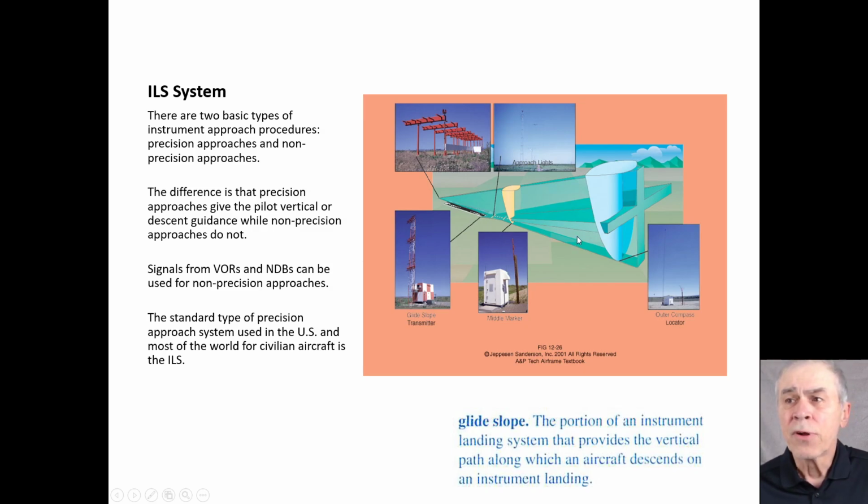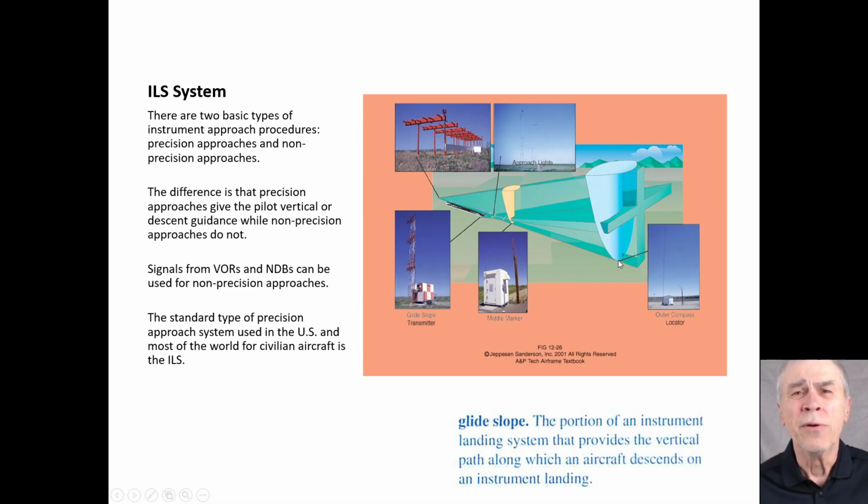There's a definition for glide slope. That's the portion of the ILS system. Usually there's three portions. You can see the illustration shows you the marker beacons. There are the middle marker and the outer marker, and they show an indication, which we'll see in other diagrams, of the area in effect that the radio signal is sent from the ground.